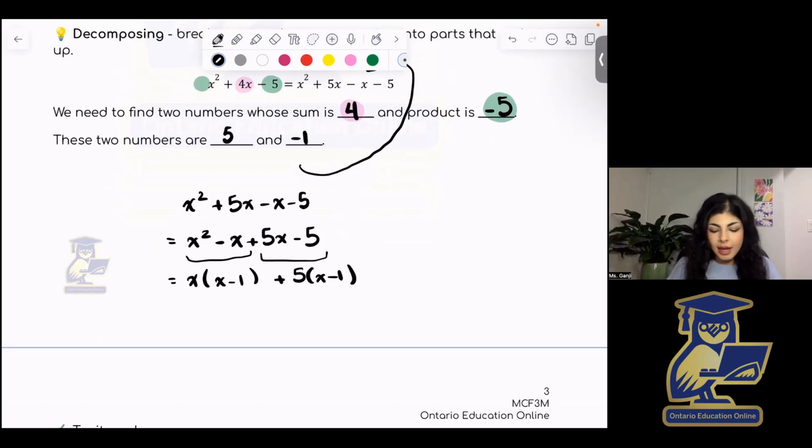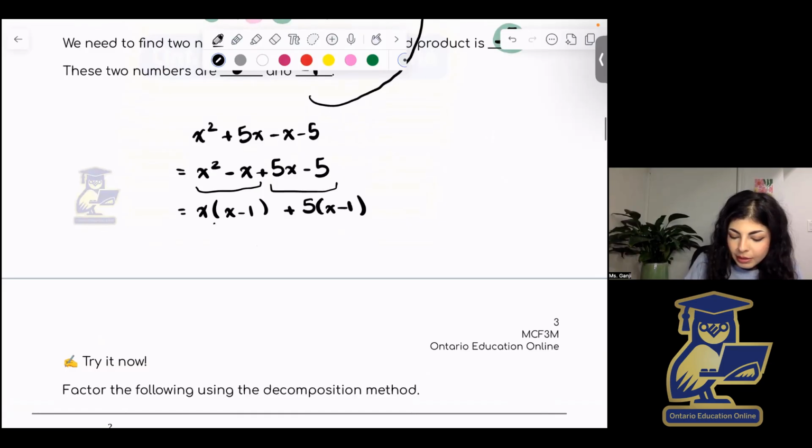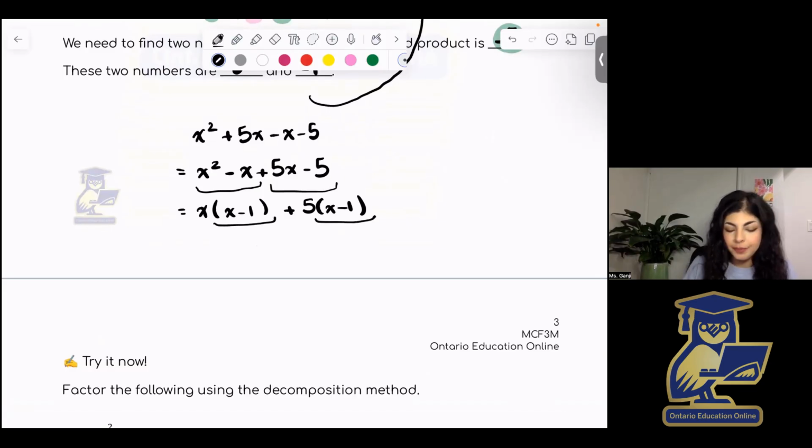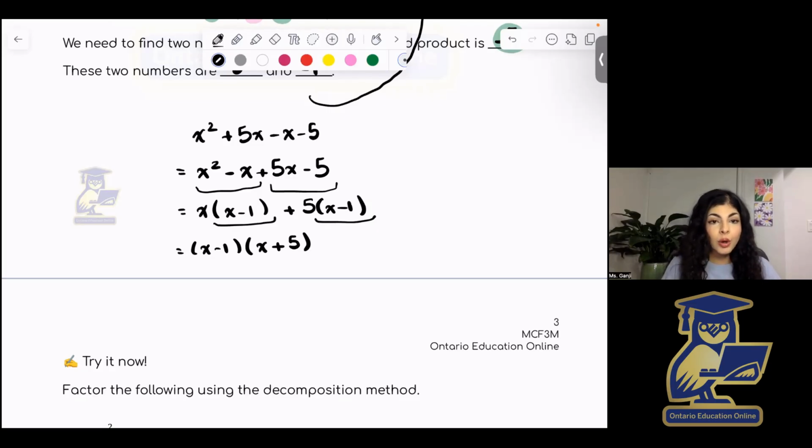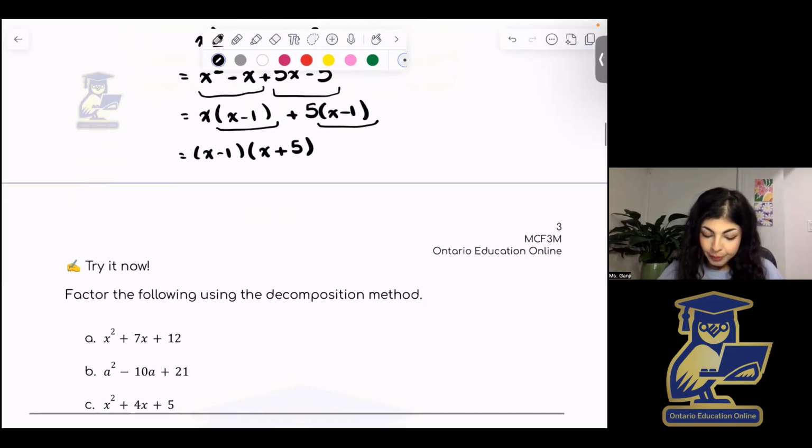And we see that now we have an x minus 1 in both of these. So I will also factor out the x minus 1, and I have x left over from the first term and 5 left over from the second term. So our final answer in factored form is x minus 1 and x plus 5.